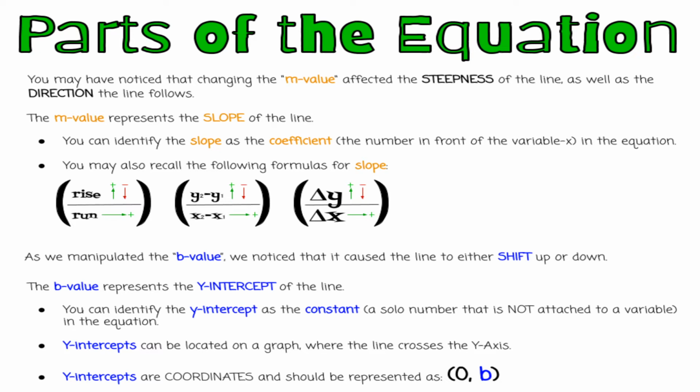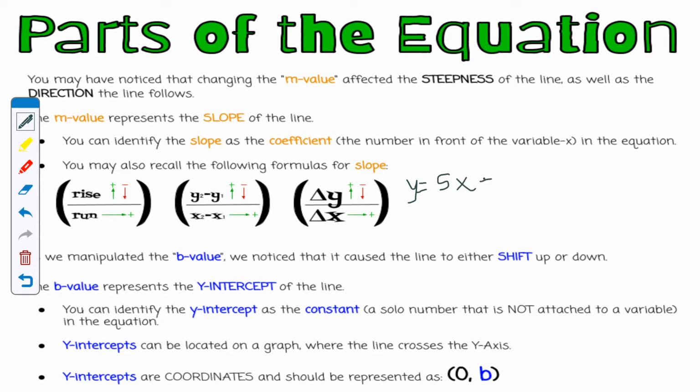So for y is equal to 5x plus 2, my y-intercept, I'm going to write with a marker because it looks better, would be parentheses 0, comma 2. Now, if that were a negative 2, then I would put the negative there. But because it's positive, I don't have to write plus 2 there.